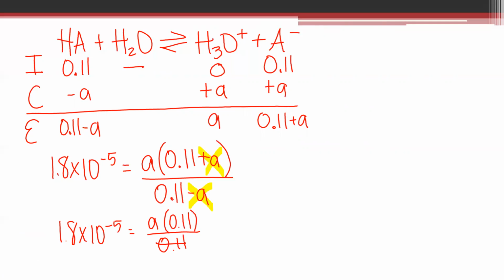So the 0.11s cancel out. And so A, which is our hydronium ion concentration, is our Ka value.